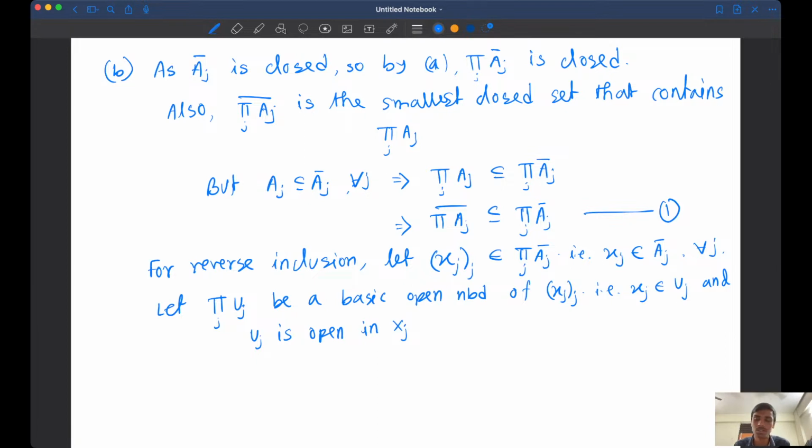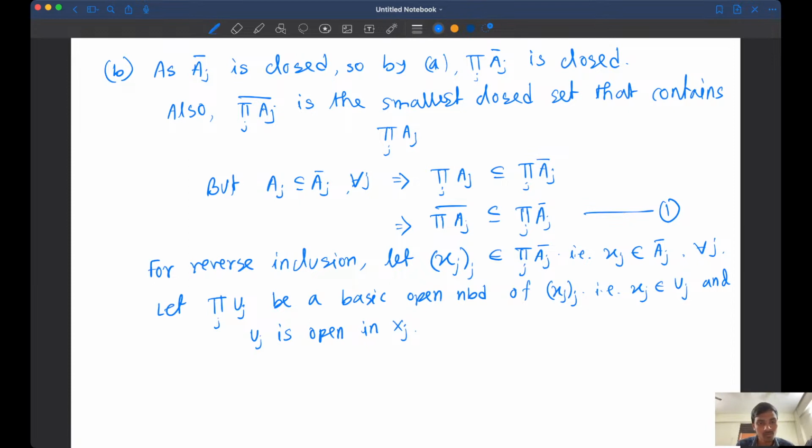The openness is the important part to claim this one, right? So till this point I haven't said anything particular to product topology or box topology. Now this xj is a closure point of aj, and uj is open, xj belongs to that. So uj is a neighborhood of xj in capital Xj, right? So by the closure definition, again I should have that this uj will intersect aj at some point, right?